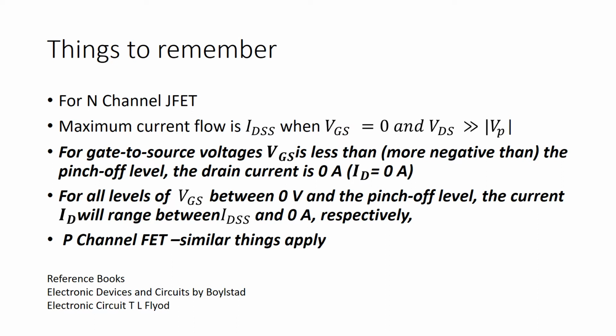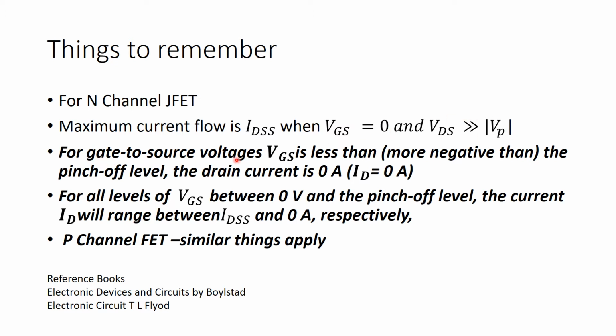So the most important thing to remember over here is that for n-channel FET, the maximum current flow is ID when VGS is equal to 0 and drain to source voltage is VP.